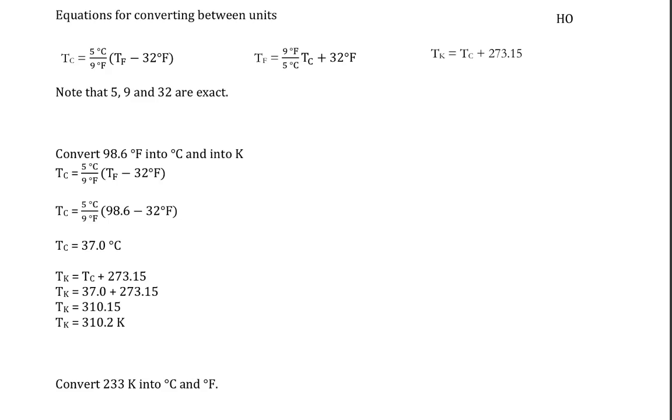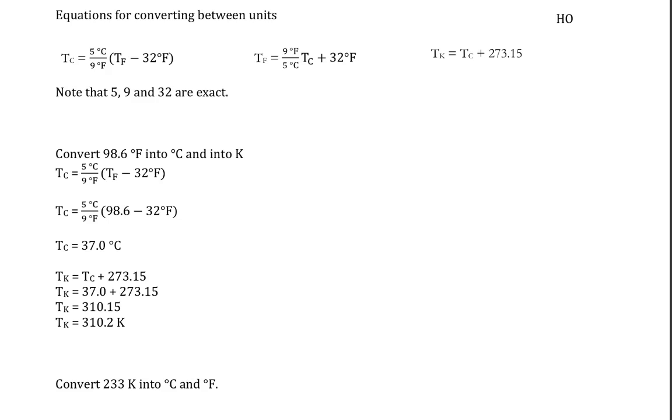In our first 2 equations, the ones involving Celsius and Fahrenheit, the 5, the 9, and the 32 are all exact, so they will not limit us on sig figs as we're making conversions in those units. In fact, what we do is we just look at decimals. However many decimals we start with is the number of decimals we end with.